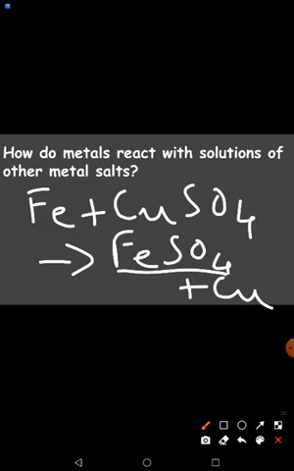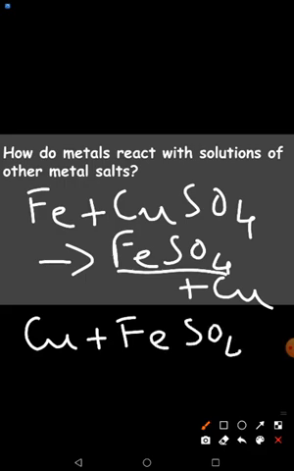Now the other one, that is test tube B. What were the two things taken there? Copper in FeSO4. Here no reaction takes place, because when you look at the reactivity series, you will find iron placed above copper, right?